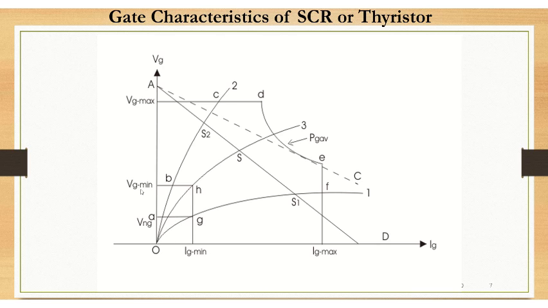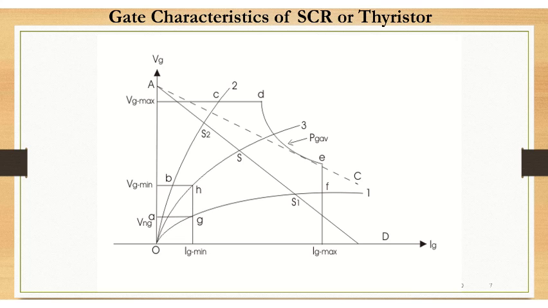So minimum gate voltage and minimum gate current. And the third is the maximum range, that is OC and OF here, the maximum voltage range and the current range.